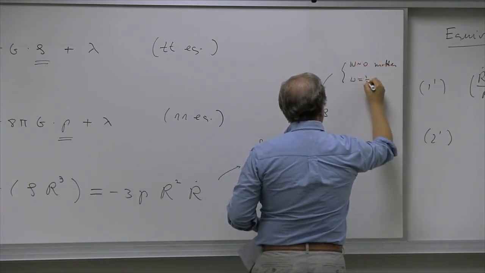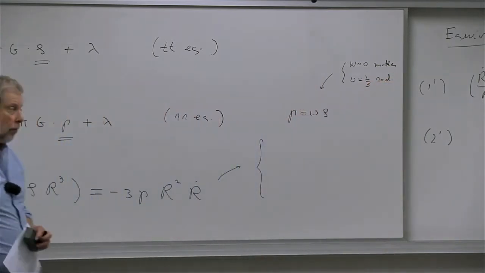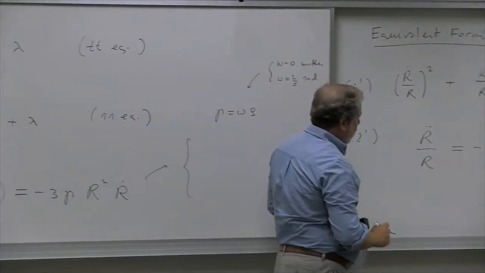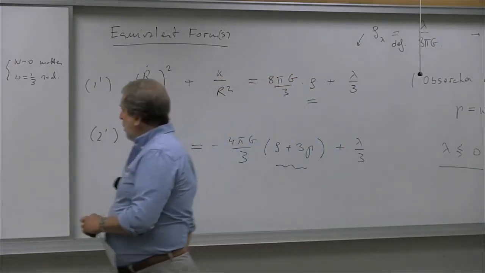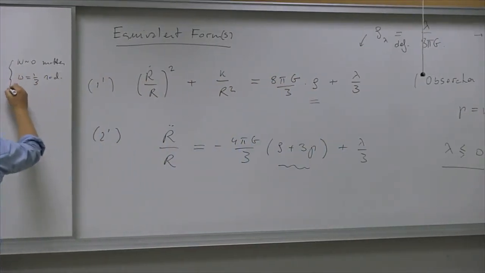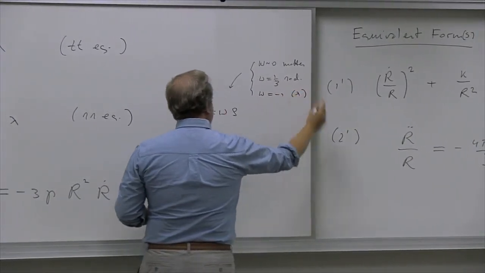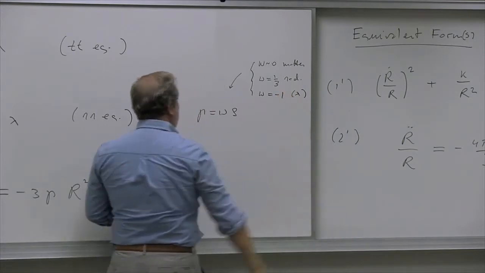If W is equal to 1/3, we have radiation, right? And the other thing that we can look at is, in fact, a case where you have a cosmological constant. You can model the cosmological constant by having W equal -1. So the lambda term corresponds, in fact, to W equal -1.